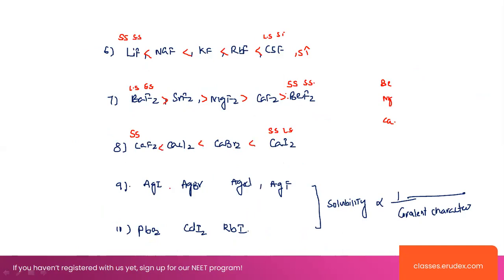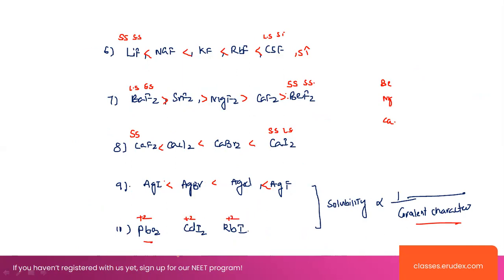Coming to the next one, this is polarizing power. Solubility is inversely proportional to the covalent character. So in this case, silver fluoride has more solubility here. Look at Pb plus 2, Cd plus 2 and rubidium plus 2.